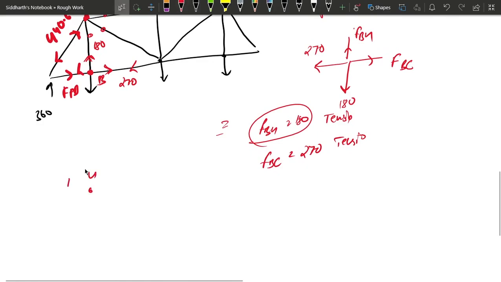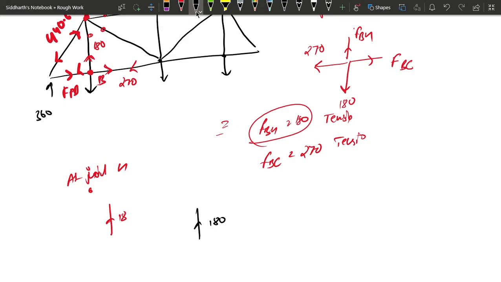So at joint H, what we have is one force acting. Let me change the color. So we have 180, then this is 450, and then we know that we were taking tensile force, so this will be force in HG, and this will be force in HC.